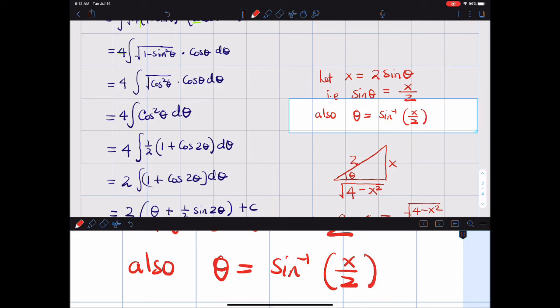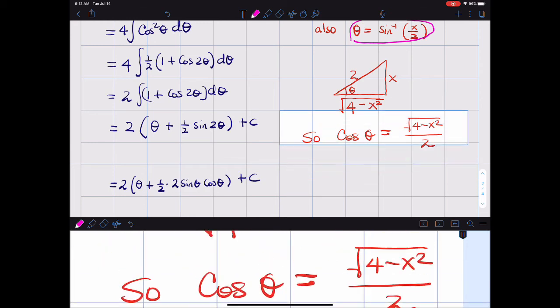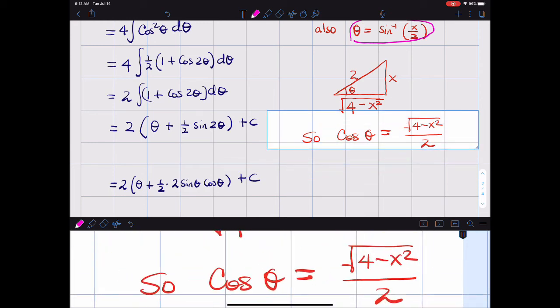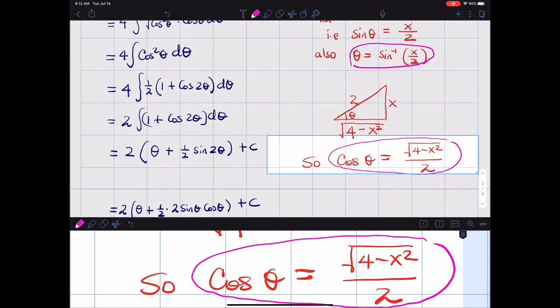Okay, so look at what I'm doing. I wanted an expression for theta, and I also wanted an expression for cosine theta because I need them to express my answer in terms of x.